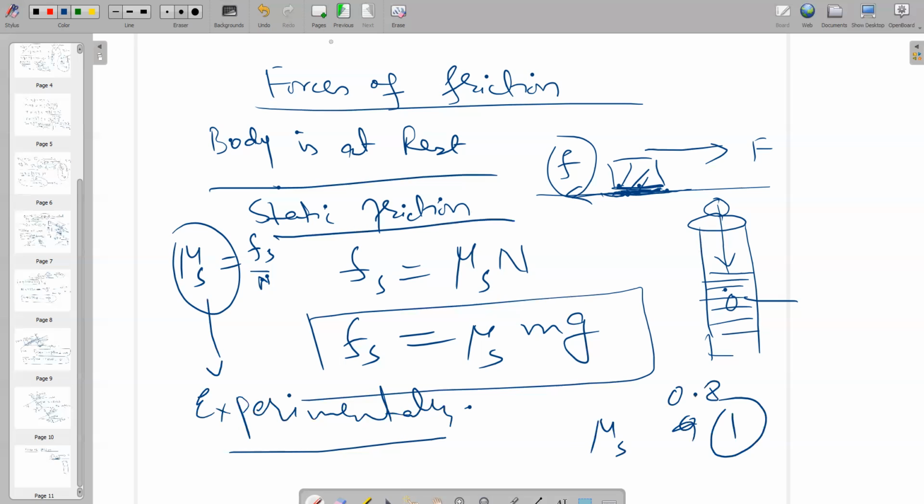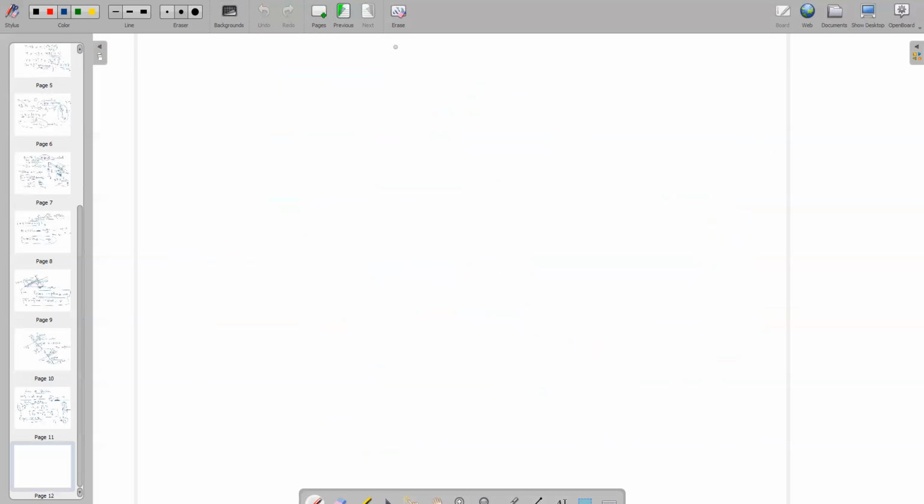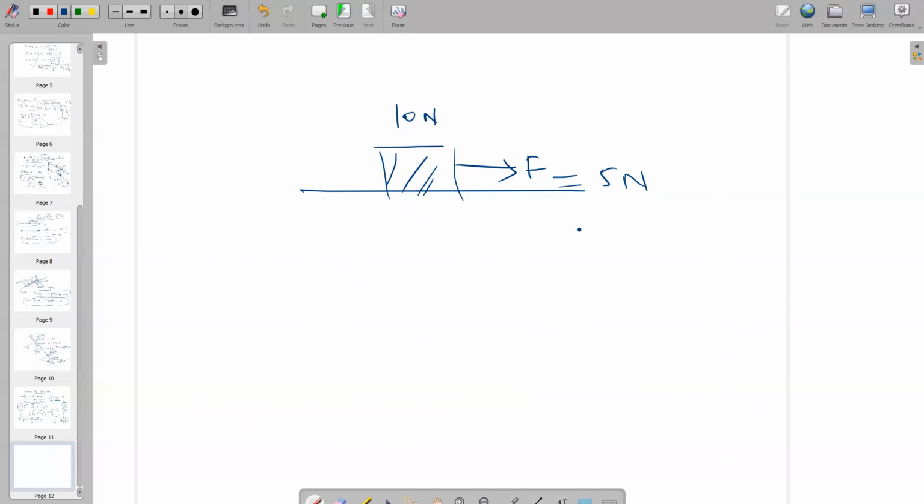So what does static friction mean? This is the body, and you are applying a force. Suppose this body needs 10 Newton to move, but you are applying a force of 5 Newton. The body is not moving.